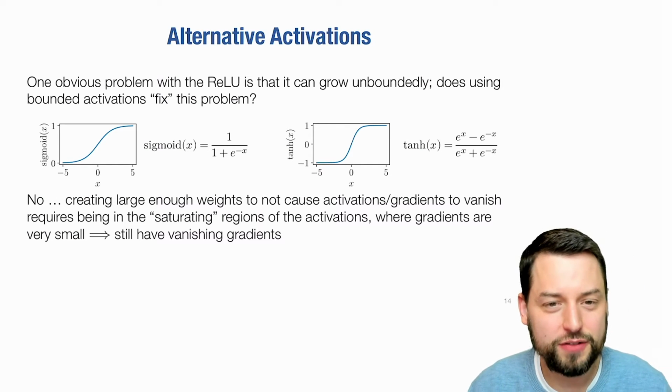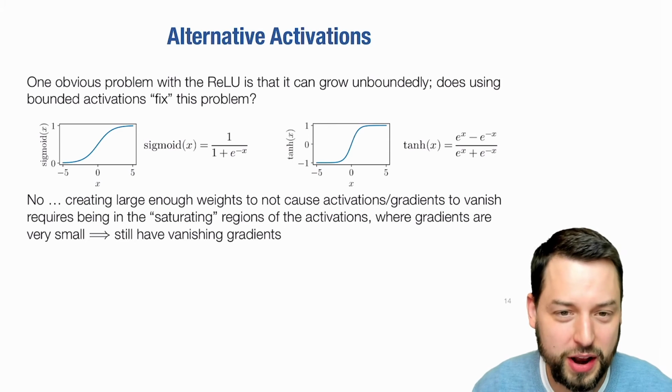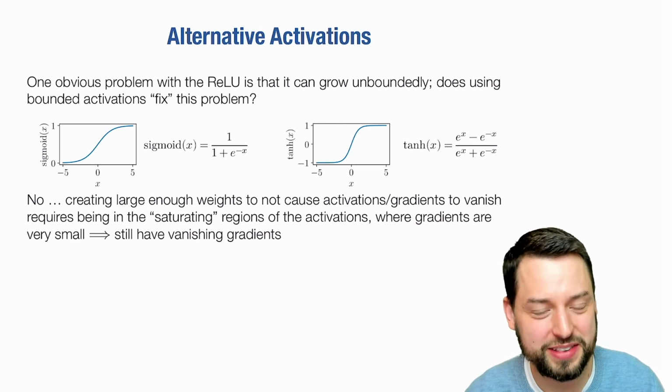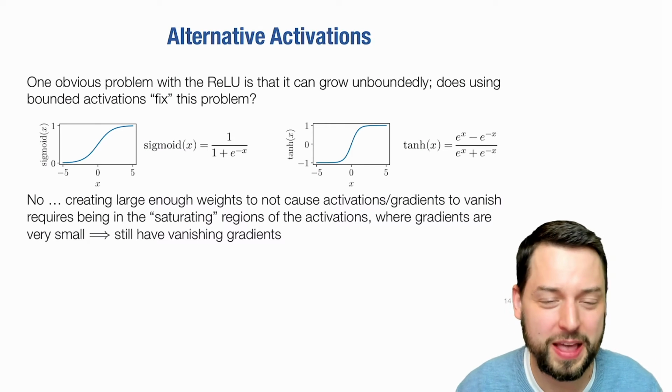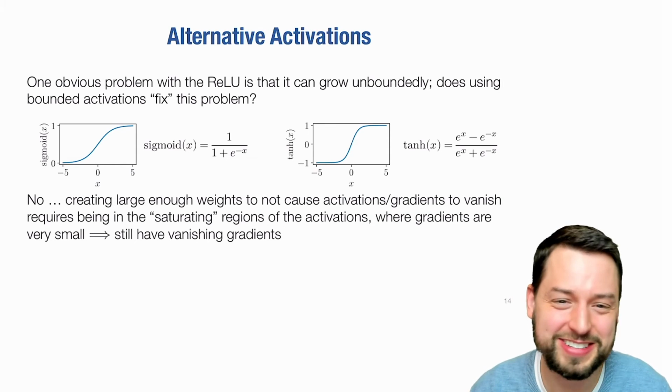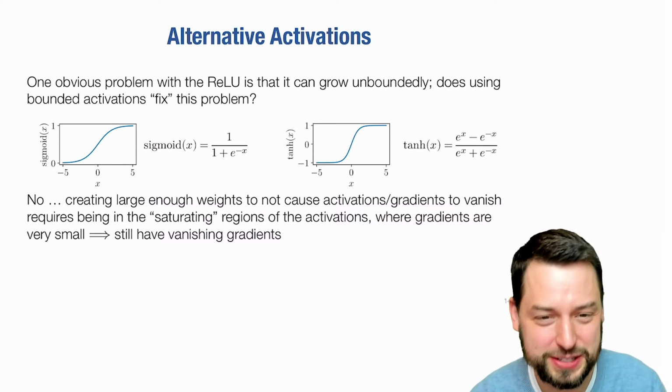This does not solve the vanishing gradient problem. It does solve, sort of trivially, I would say, the exploding gradient problem and the exploding activation problem, because you've just limited your activations, period. So they're just going to be smaller.